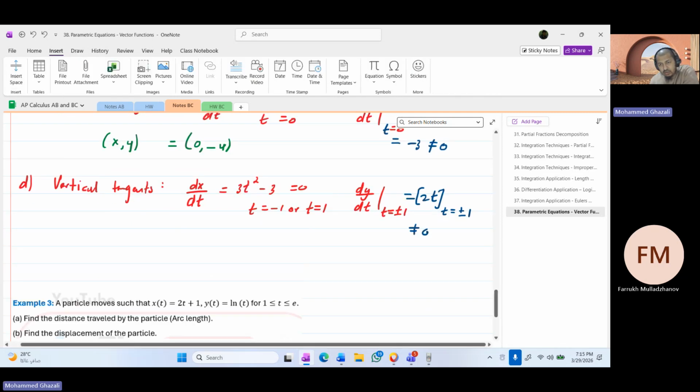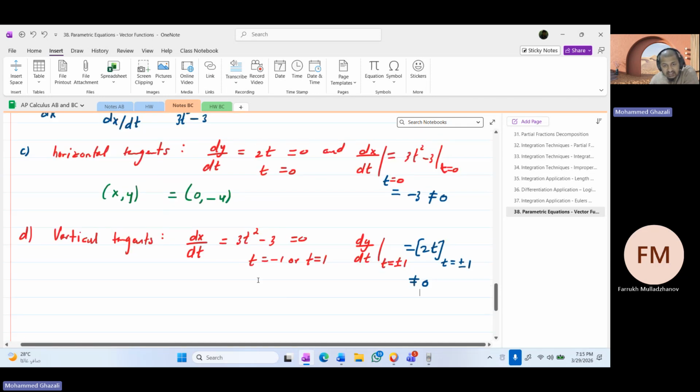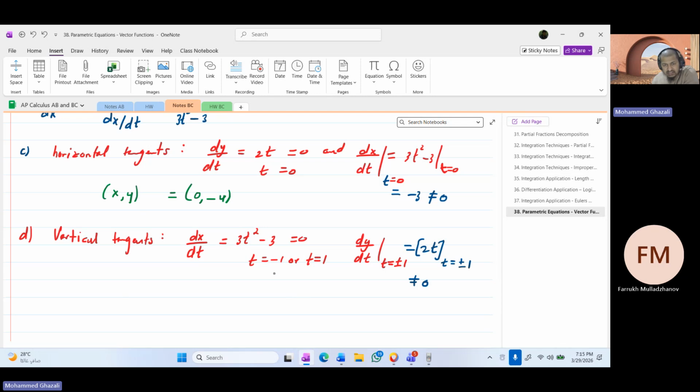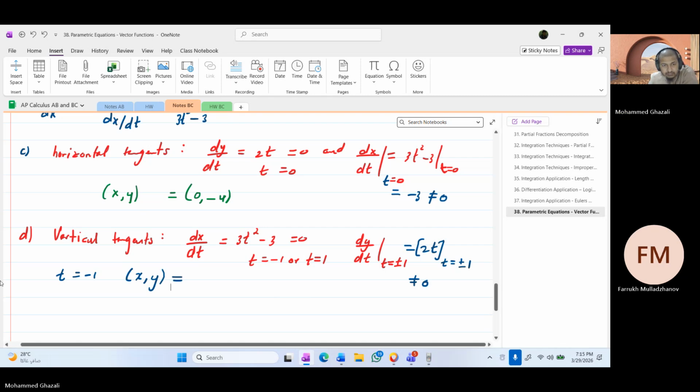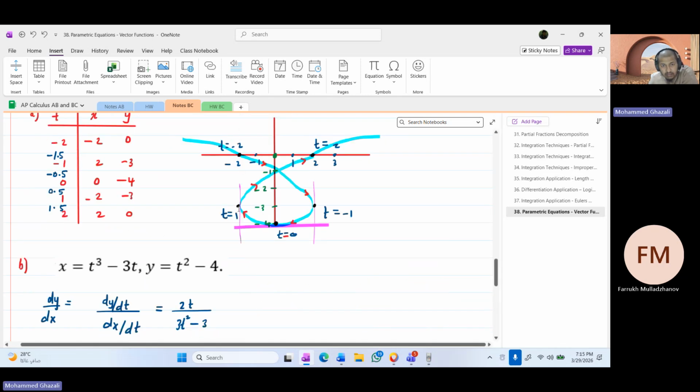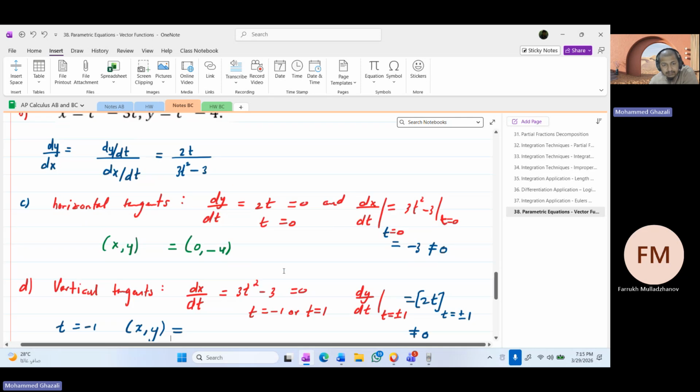So that's non-zero. You have to check the second case as well. So at t equals negative 1 or t equals 1, I have vertical tangents. So what are the coordinates at t equals negative 1? When t is equal to negative 1, my x and y coordinates are negative 1, minus 2, and minus 3.